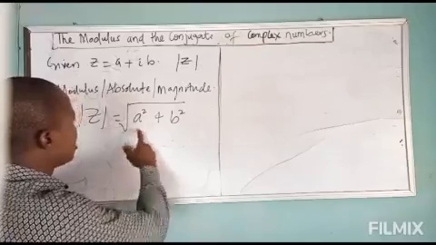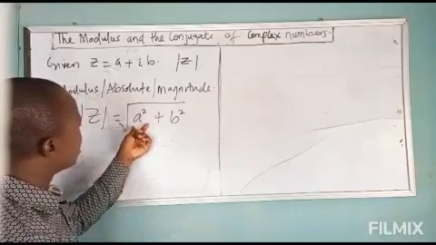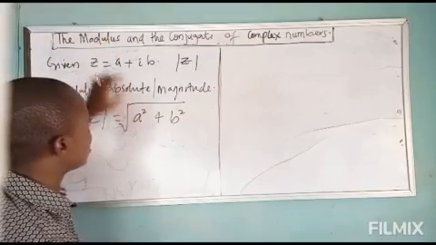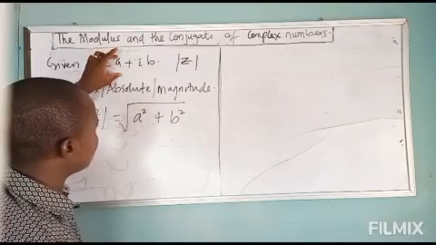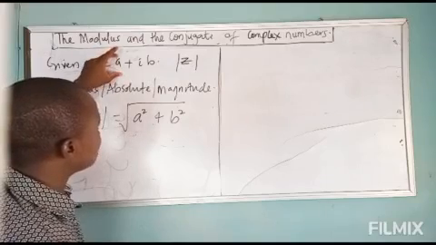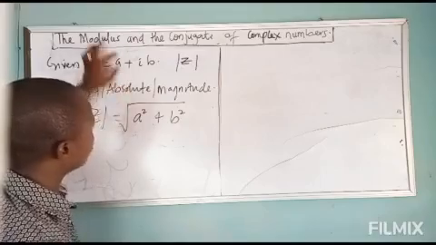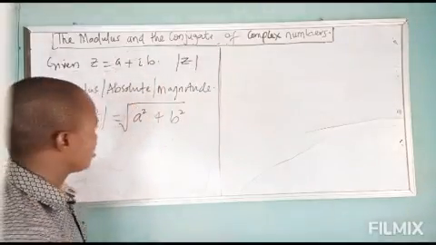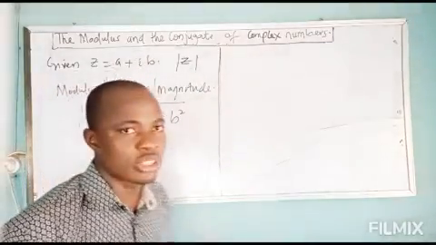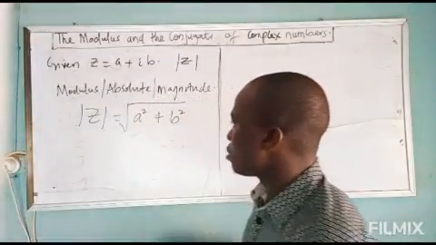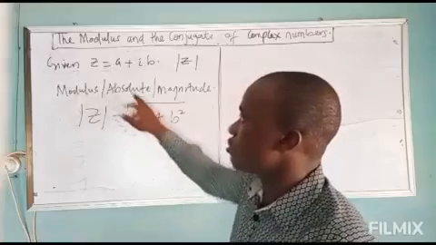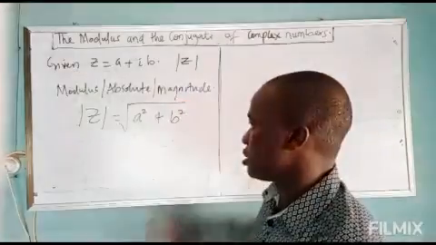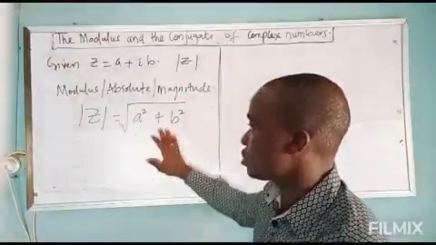This a squared is the real part squared, and b squared is the imaginary part squared. Which means the modulus of a complex number is the square root of the sum of the square of the real part and the square of the imaginary part. So that's what we have here.